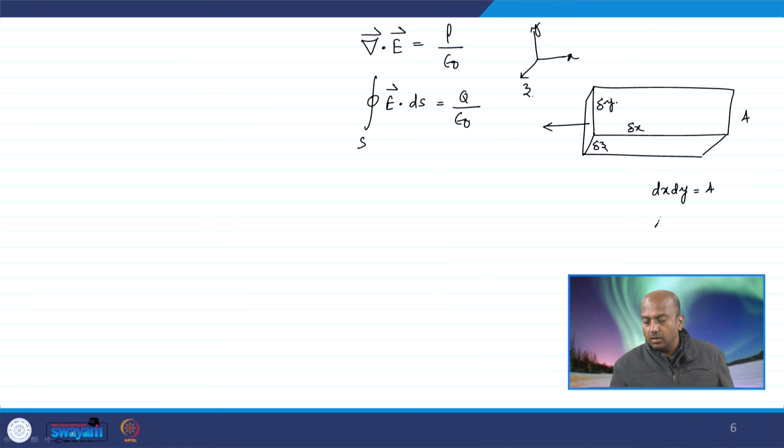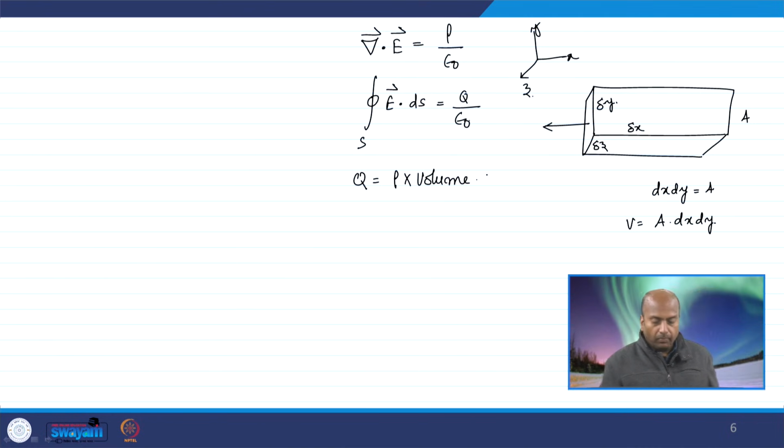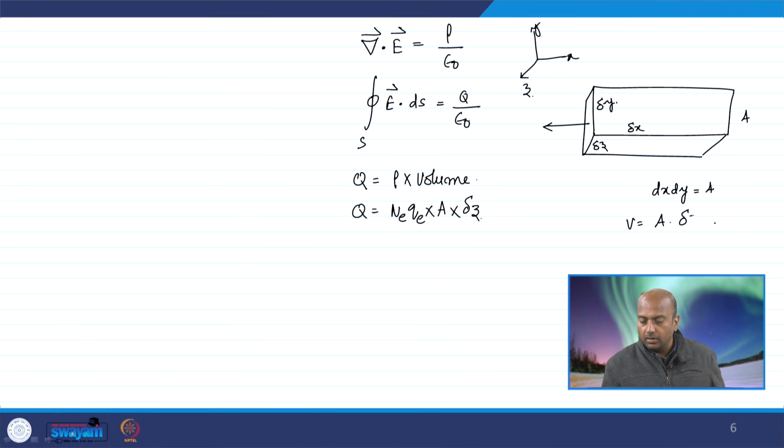So the volume is A times delta z. So the total charge is rho times the volume. So Q can be written as n e q e multiplied by A multiplied by delta z.